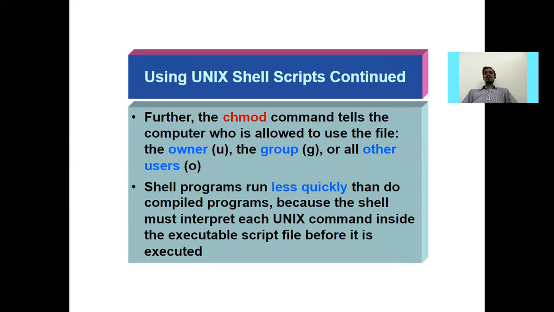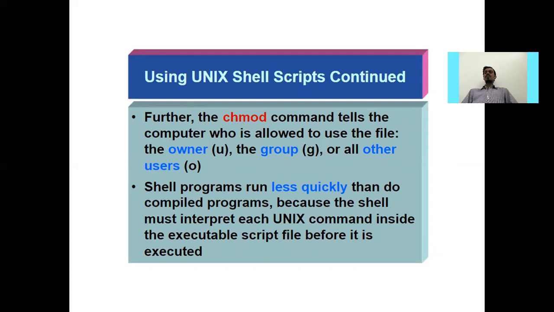The chmod command tells the computer who is allowed to use the file: the owner of the file, the group of the file, and the other users of the file.